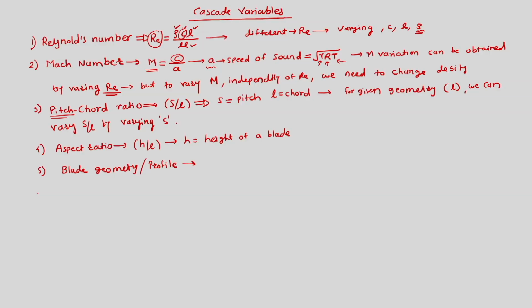So, the profiles or geometries of the blades which we would have decided, which we would have defined, those geometries or those blades should be tested in the cascade tunnel. So, we should vary the geometry, or what we say the profile of the blade, to assess its performance. So, the next variable is boundary layer.